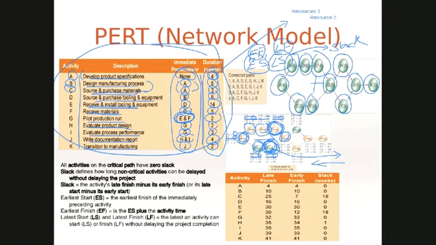Now, I'm a big fan of having C and F start later, because I don't like keeping inventory unless you're actually using the inventory. So I would say push that forward.